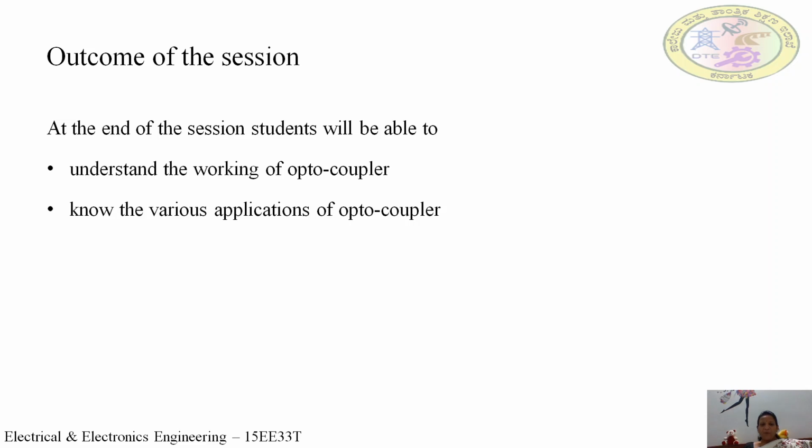It is an electronic component which is used to isolate or couple two electrically isolated signals or circuits. That means between two electrically isolated circuits, we couple the signal or isolate the signal. But how? With the help of light. So light is the coupling factor or isolating factor. And we have also learnt the various applications of optocouplers, where we can use them, in this session.